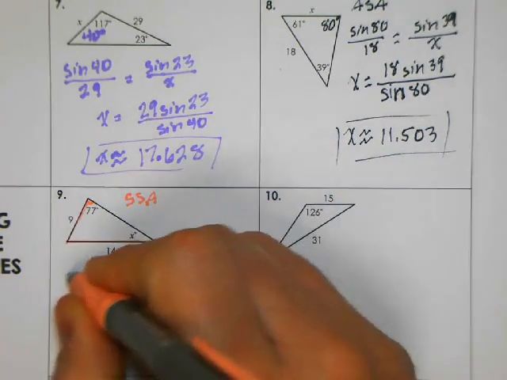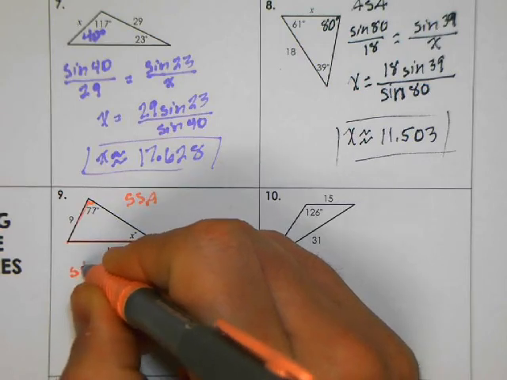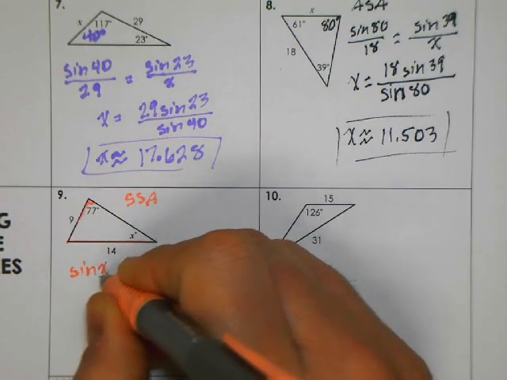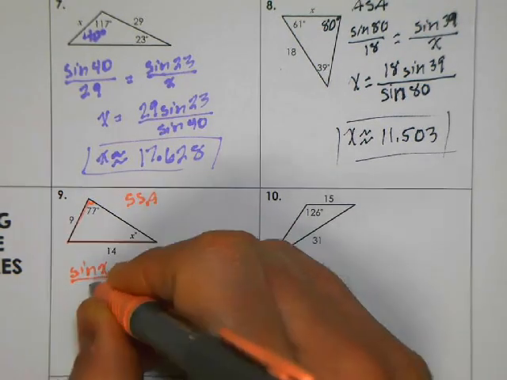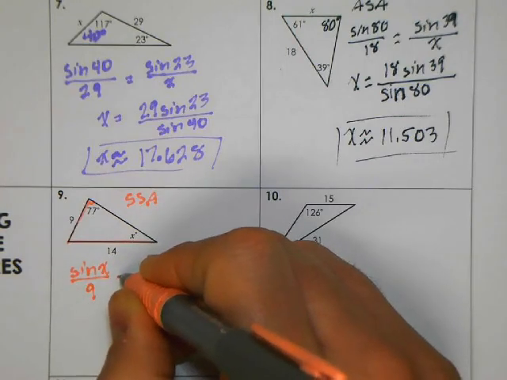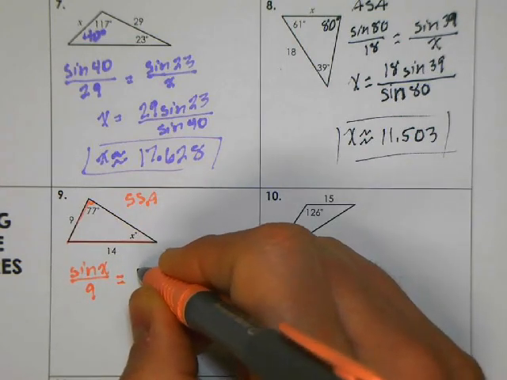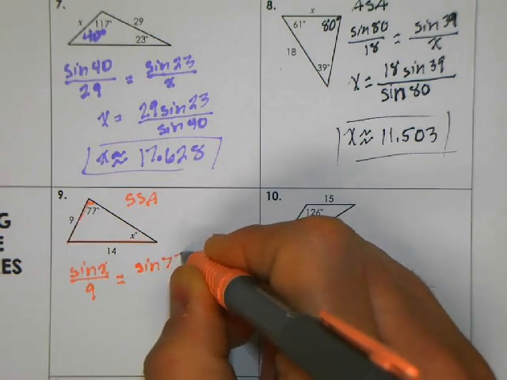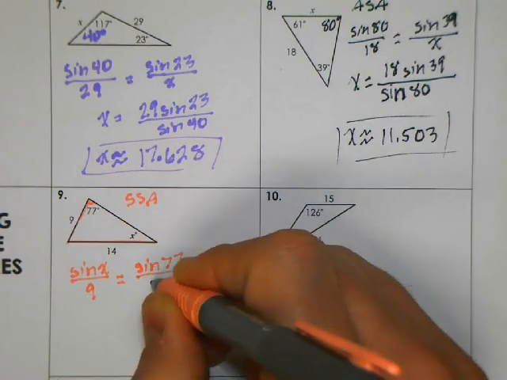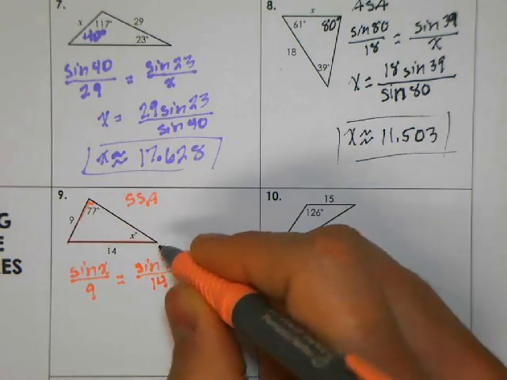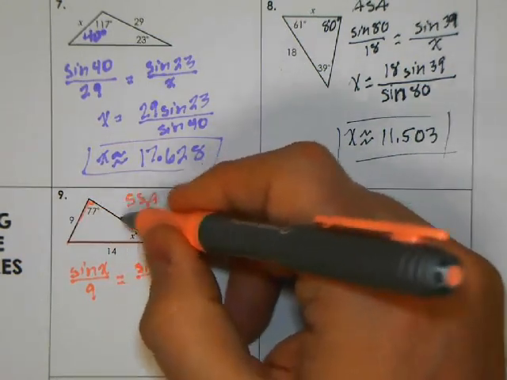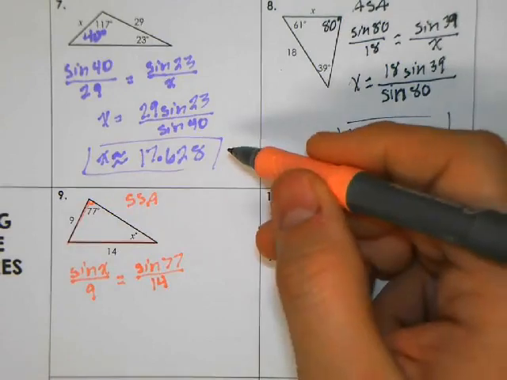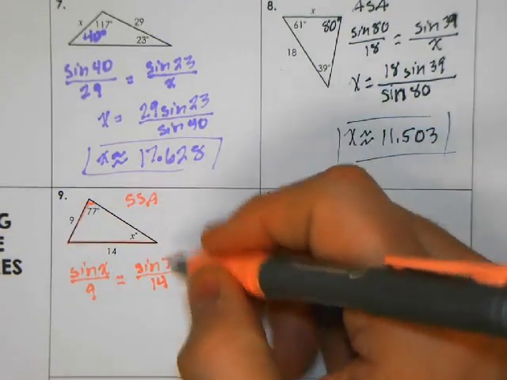We're going to say sine of x over its opposite side of 9 will be equal to the sine of 77 over the side opposite of it, which is 14. Now we cannot do the Pythagorean theorem to find out this missing side here because there's no way to know that this is a right triangle.